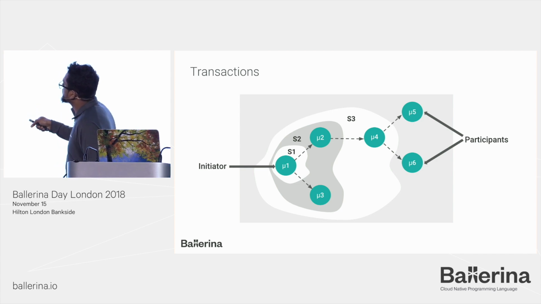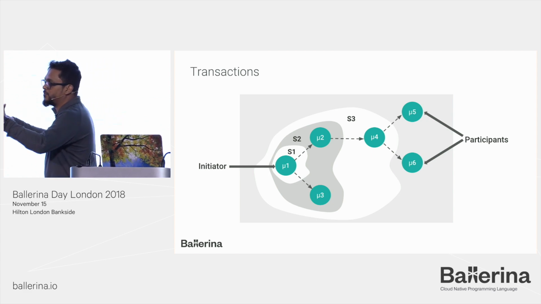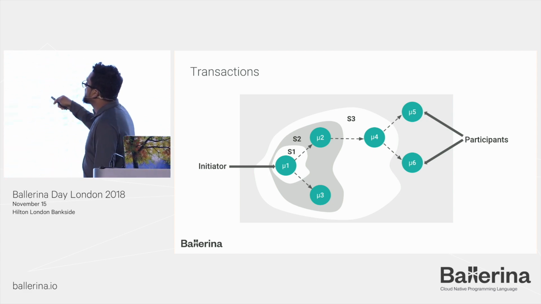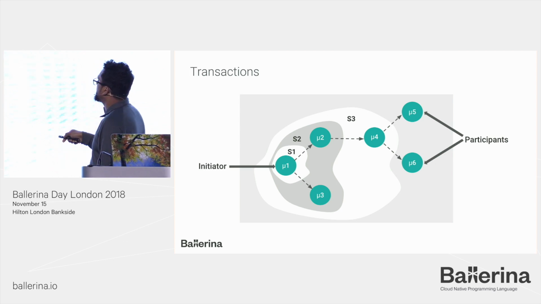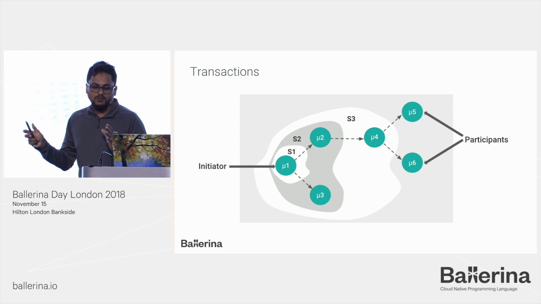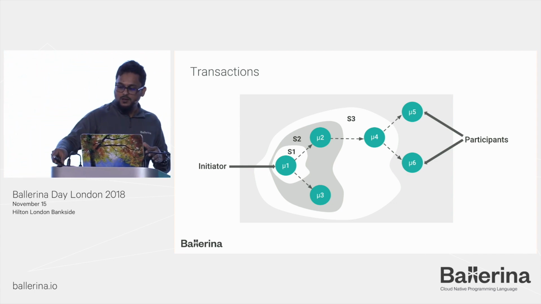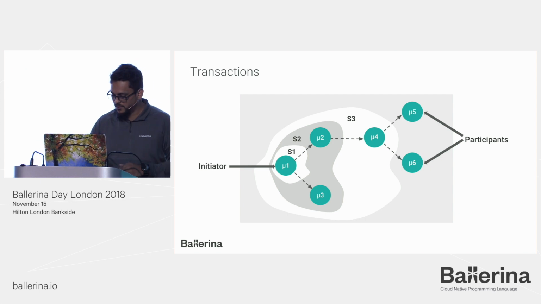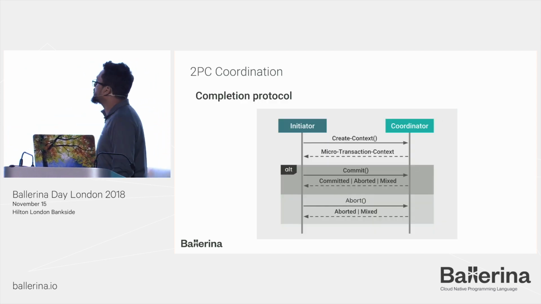This is called the sphere of control. As long as you keep on infecting others, your sphere of control expands. And finally, what we have at the moment is a 2-phase commit protocol. All of these participants will participate in a 2-phase commit. This is the 2-phase coordination protocol.